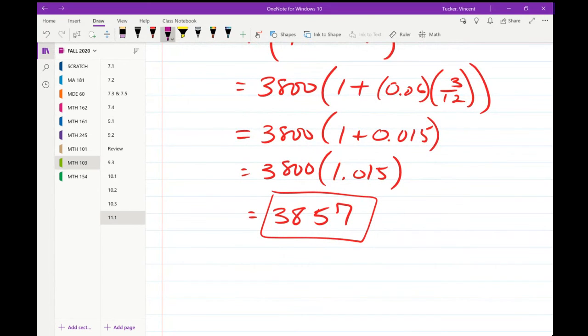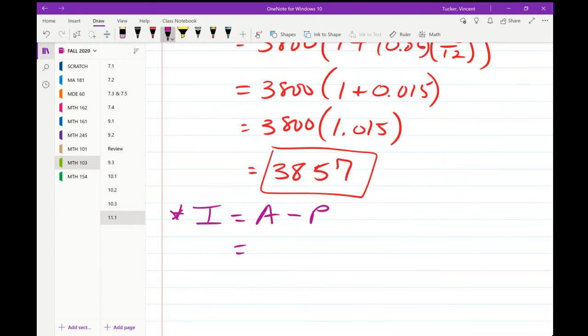All right. Also, if you want to know the interest that was earned, if you knew what your maturity value was, you could subtract the principal from it. They didn't ask for this, so I'm just throwing this out here. We may need it later. All right. Maturity value, our future value is 3,857.